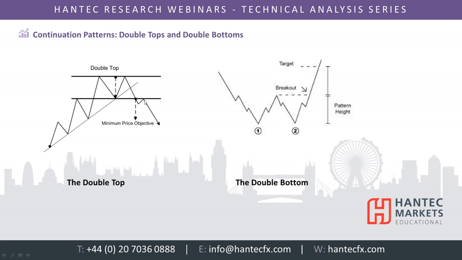Once that pullback rally starts to fall over again, that gives you the confirmation that the top pattern is in place. Or a second confirmation could be that it continues to fall away and breaches another key support within that old uptrend. So there are two ways that you can look for confirmation of your patterns.